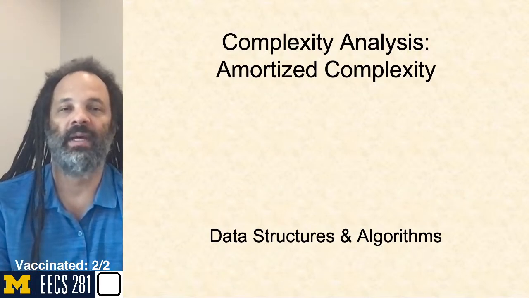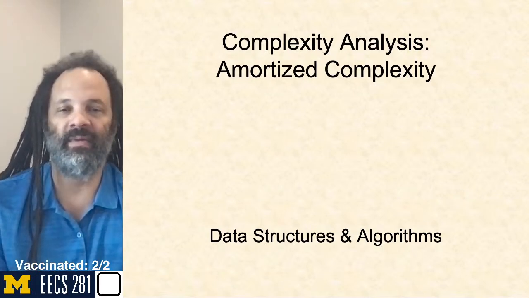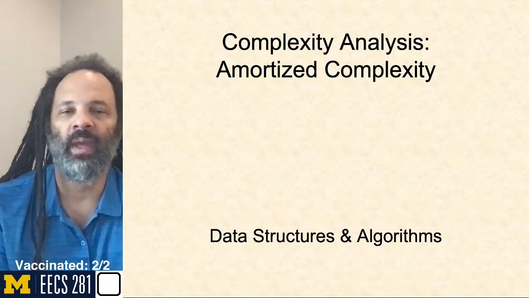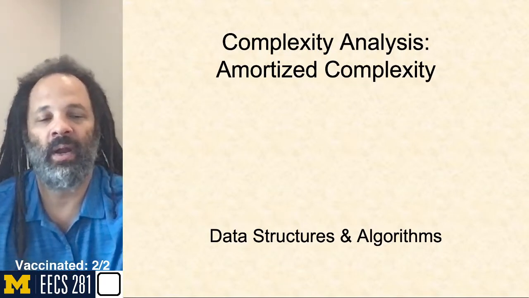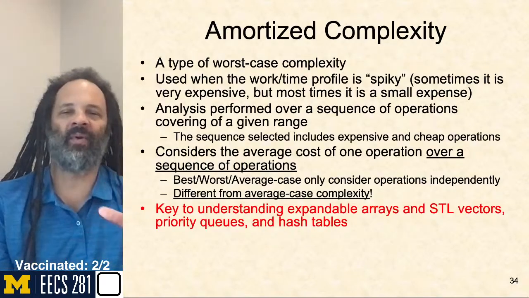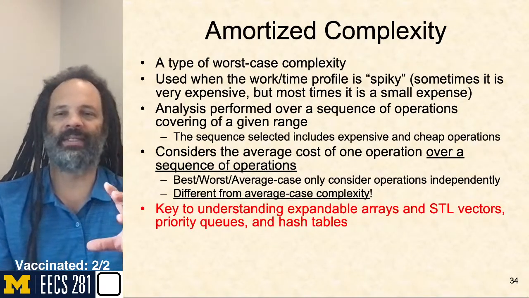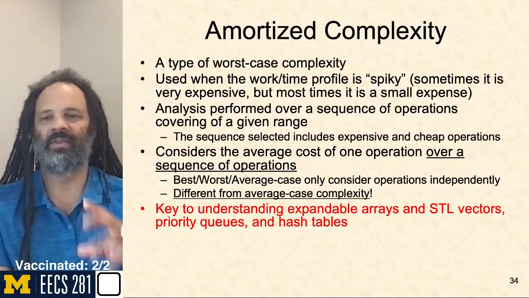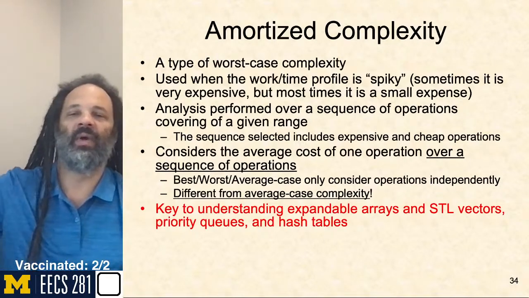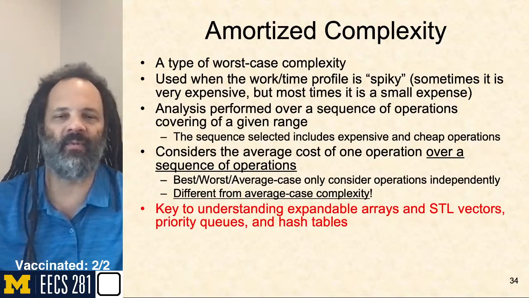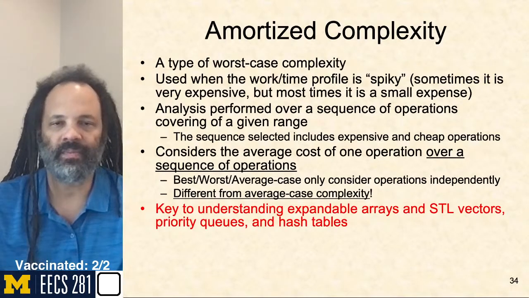We talked about this a little bit in the previous lecture yesterday. When we talk about amortized complexity, this is one where we've got an operation that works differently. Sometimes it works like this, sometimes it works like that. So this amortized complexity is a type of worst case analysis.